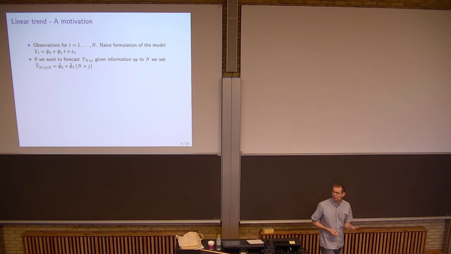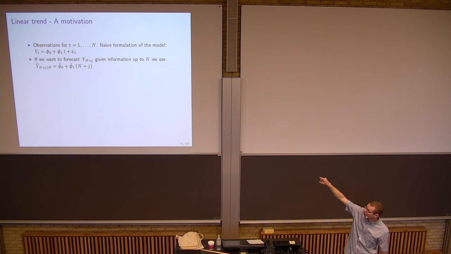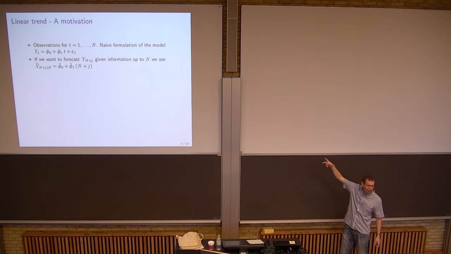What is the interpretation of the parameters, the phi 0 and phi 1, and phi hat 0 and phi hat 1? How are they different in the two different definitions? Think of that for a short while.